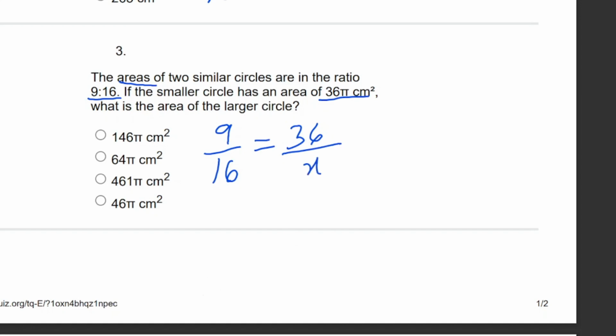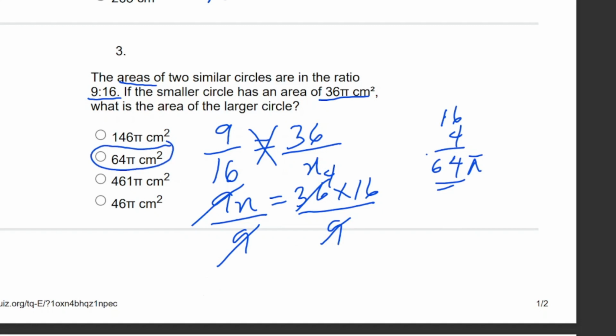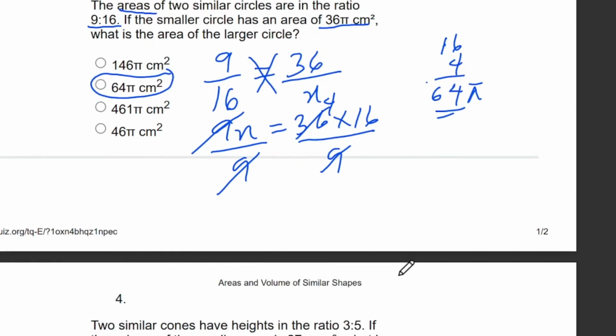So this one is straightforward. We can just cross multiply: 9x equals 36 multiplied by 16. Divide both sides by 9. So 9 cancels 9, 9 goes into 36 four times. So that is 16 multiplied by 4, and that is going to give us 64 pi. So that is the answer, B. I hope that is clear.